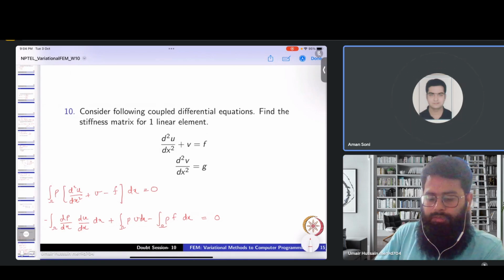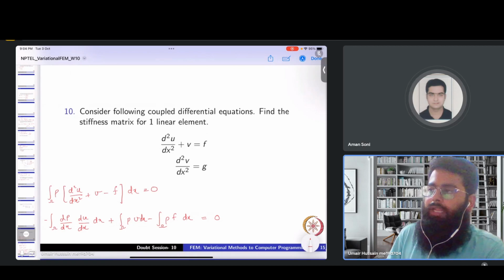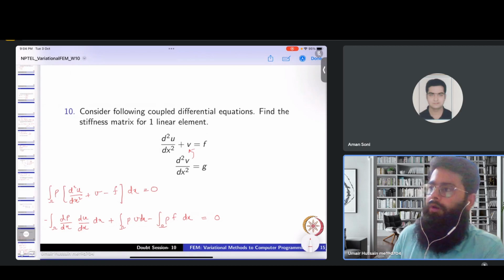The staggered approach could work for this problem, because in the second equation you see we don't have u, so it will directly give us v, and this v we can use up there to evaluate this. But in a two-way coupled problem where we have u and v coming in both equations, it's sometimes better to use the simultaneous approach where we solve for both simultaneously.